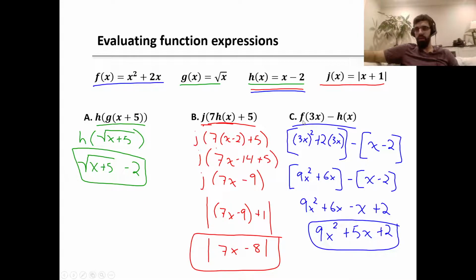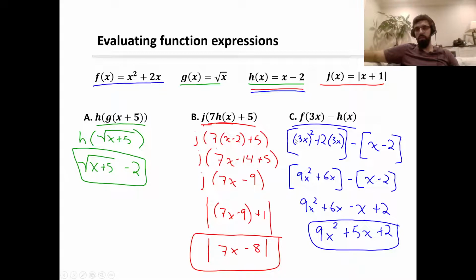Example C, we have f of 3 times x minus h of x. We can substitute each function out, and then subtract and find the difference. For f of 3x, we'll take 3x as our input for x squared plus 2x, and that'll be 3x squared plus 2 times 3x.